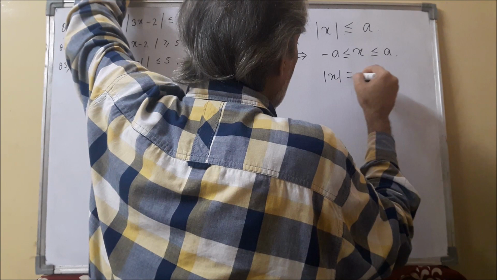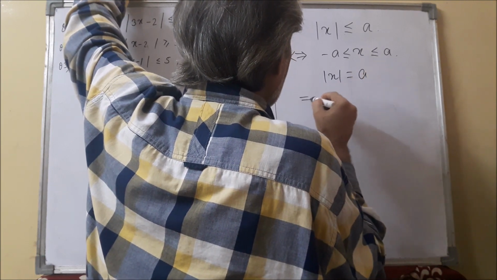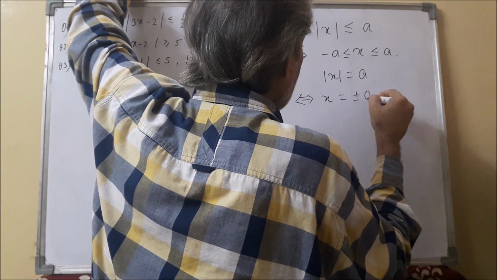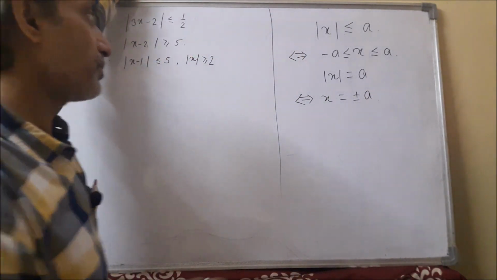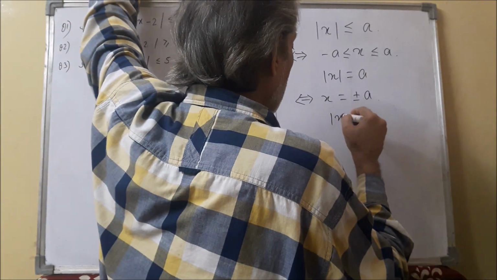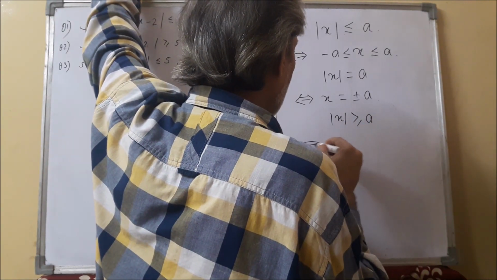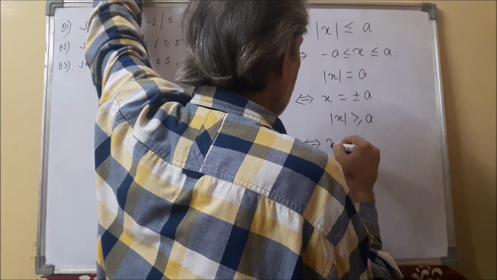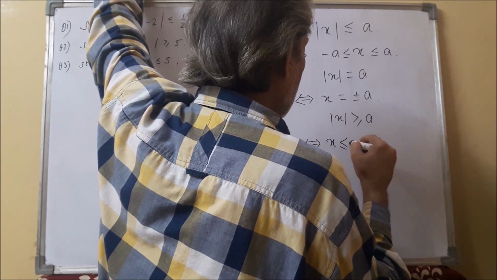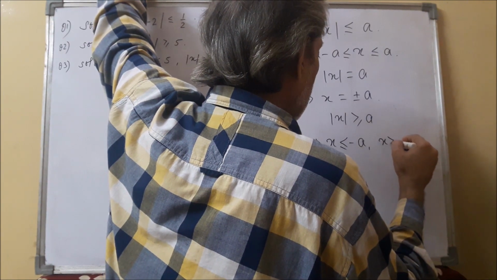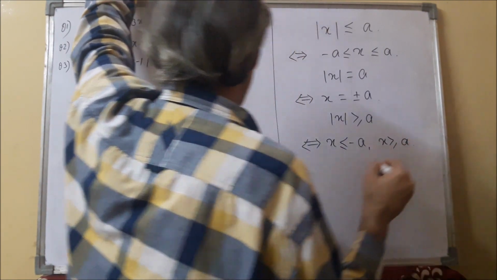If mod x equals a, this implies x equals plus or minus a. And mod x more than or equal to a implies x is either less than or equal to minus a or x is more than or equal to a.